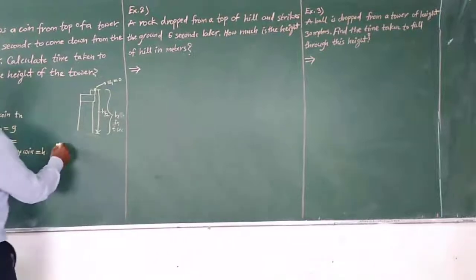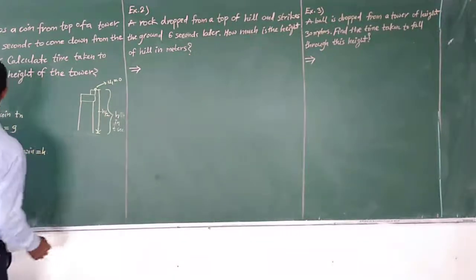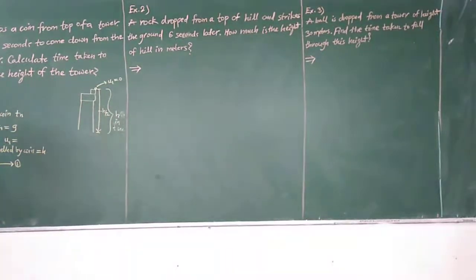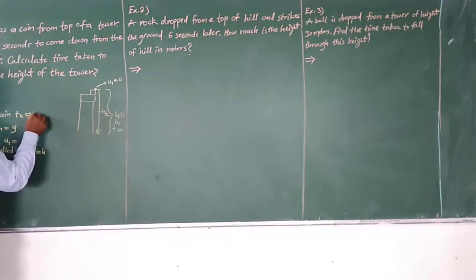So the next case is the second case. Case 1 is the time taken by coin Tn to come to the ground.